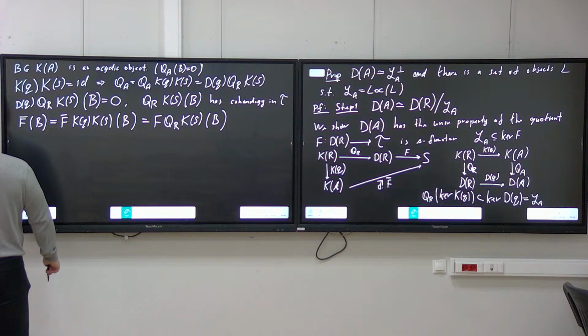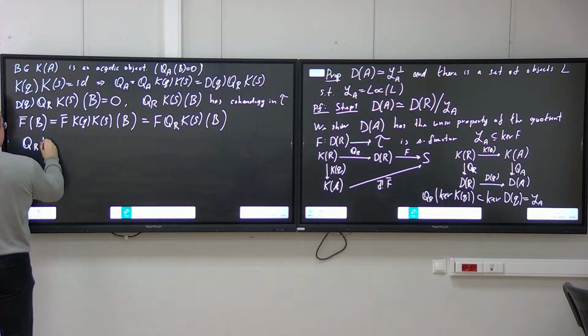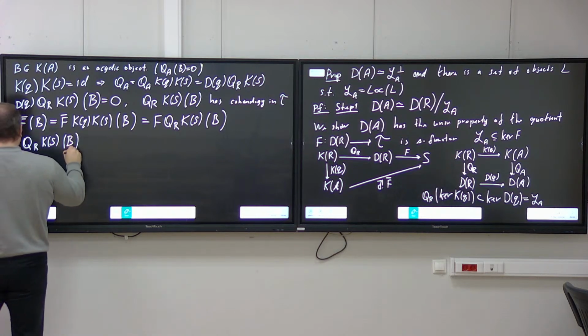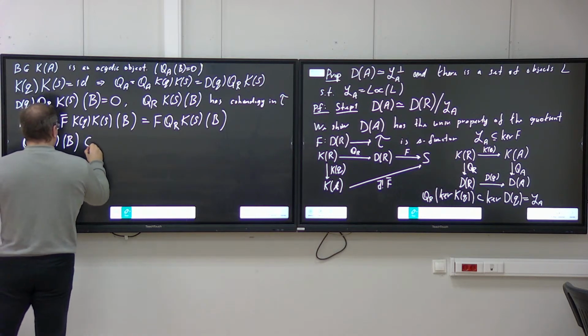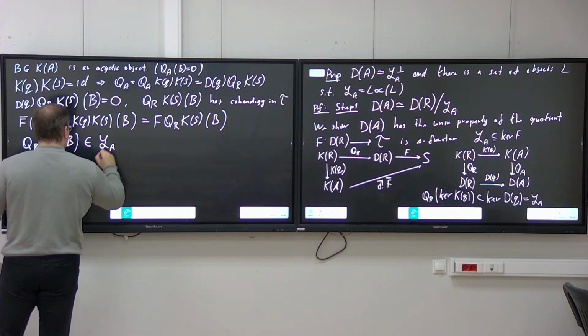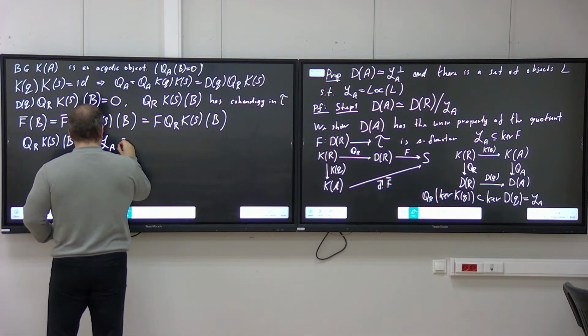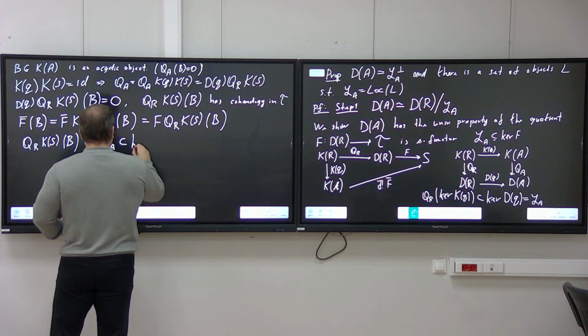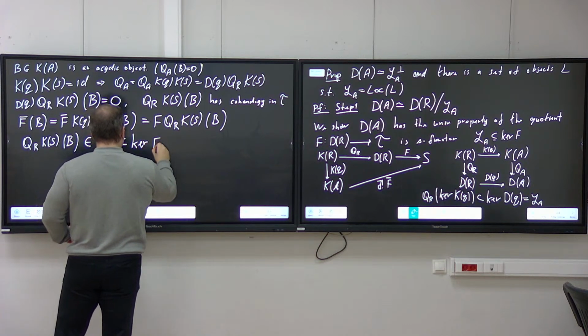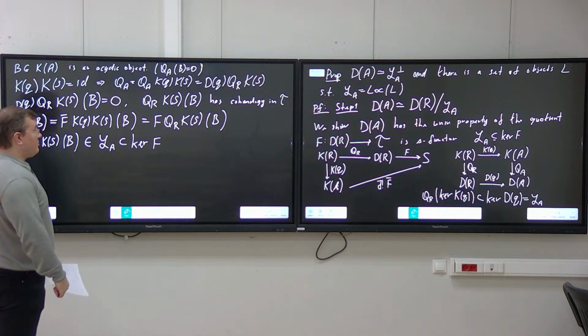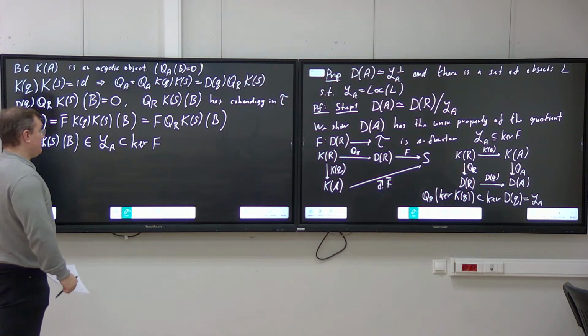Now, what's the observation? The observation is that if I take Q sub R K of S applied to the B, this will be in the L of A, in the kernel of the D of Q, which just follows from this previous identity. And the L of A is contained in the kernel of F, because I consider the functor F with this property.